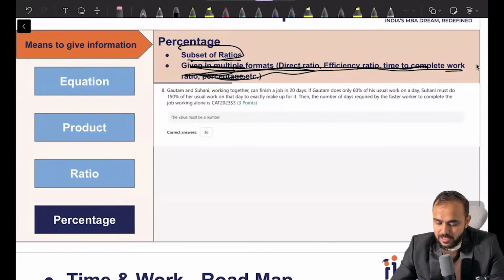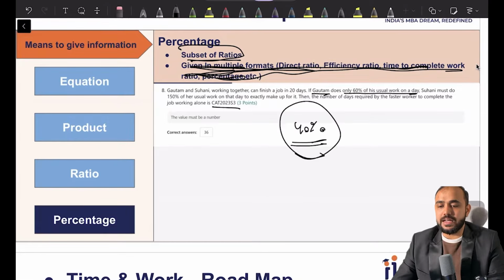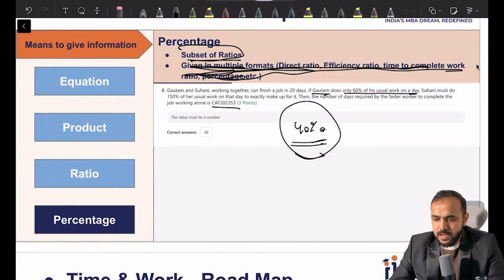In this particular question from 2023 slot 3, my efficiency, whatever it was for Gotham, he's only doing 60% of his usual work on a day, which means that the drop in his efficiency is 40%. There is 40% of the work that he should have done, which he has not done. So, this percentage is again a means for them to give you the information.